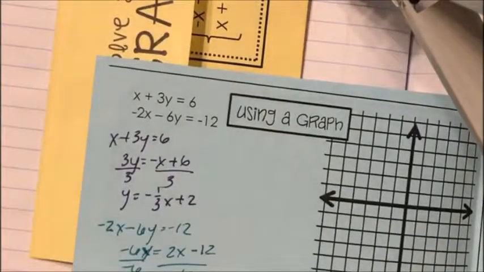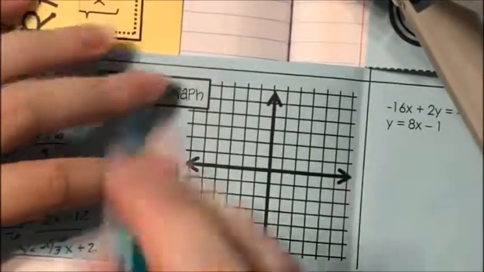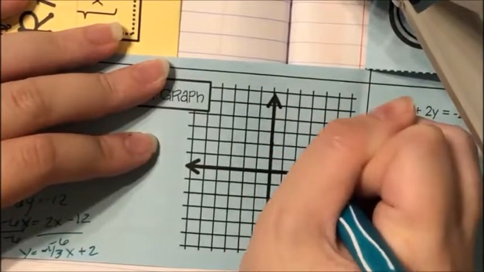Again, they're the same line, so it's going to be infinitely many solutions. Plus 2, down 1 over 3.